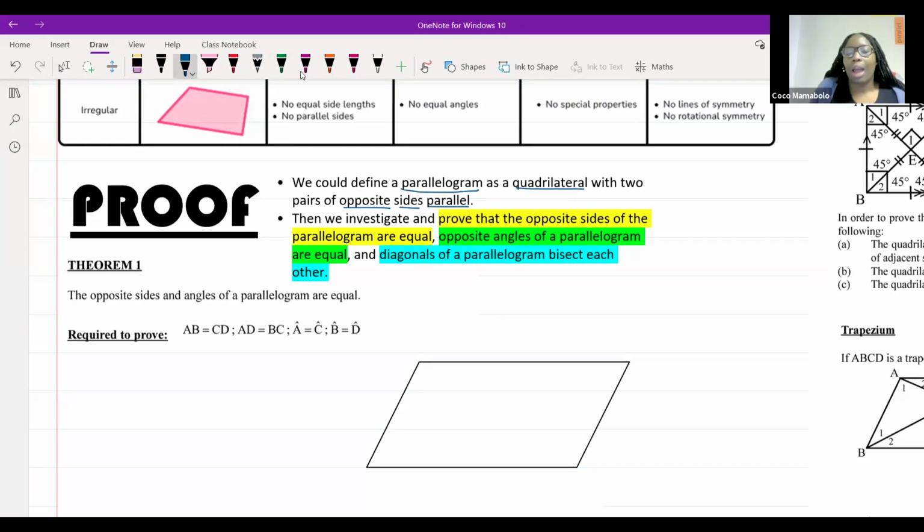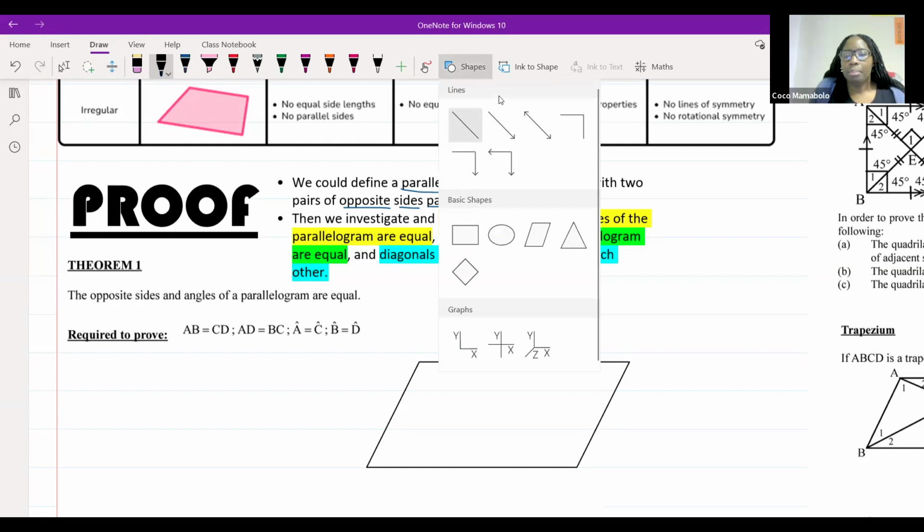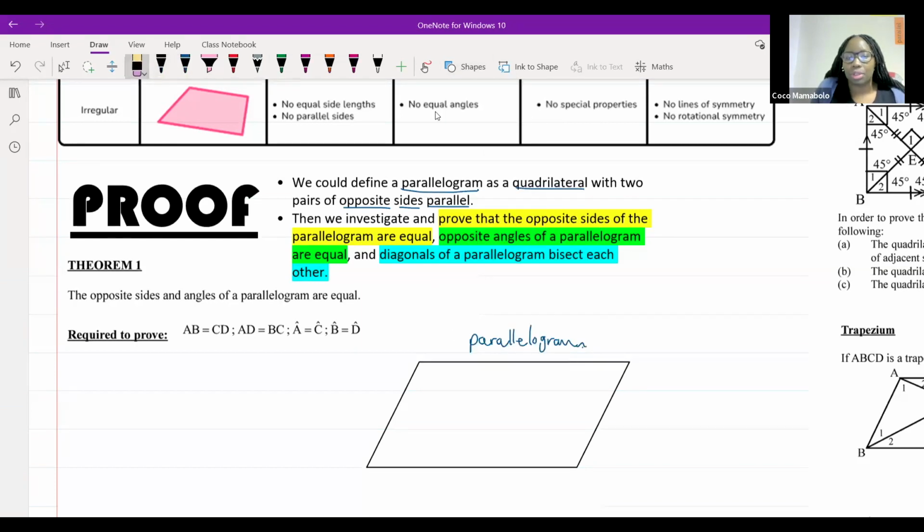Now I want us to note something. Do you see what ma'am has drawn over here? I've drawn a parallelogram. But because the definition says 2 pairs of opposite sides must be parallel, if I decide to draw a rectangle, do I still have opposite sides parallel?